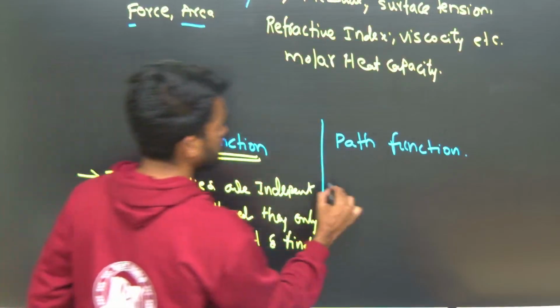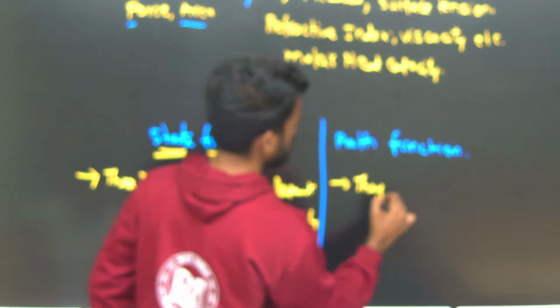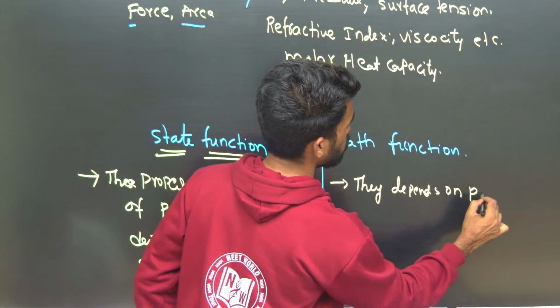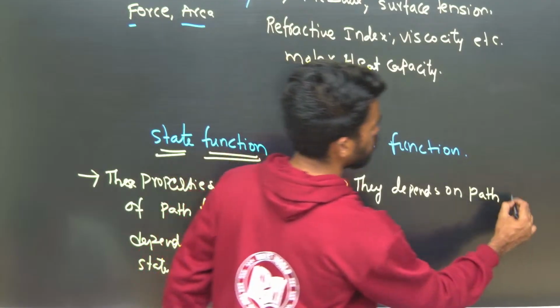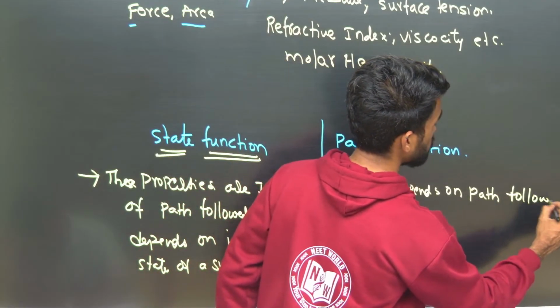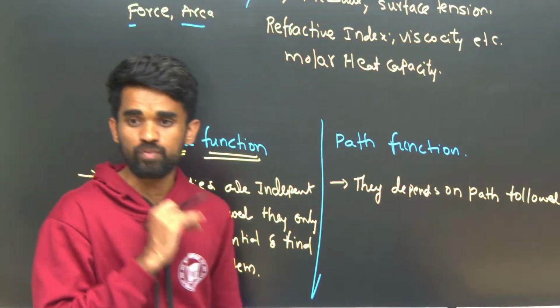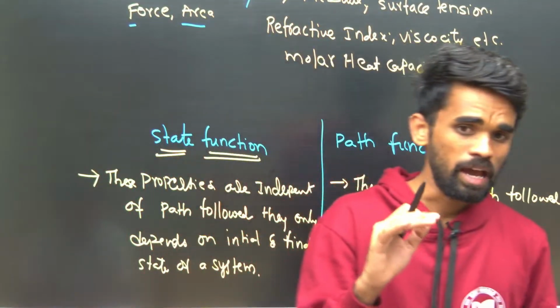And here they depend on the path followed to achieve the final state from the initial state. For example, work is a path function. For example, you need to carry some load of luggage from the 3rd floor to the ground floor.